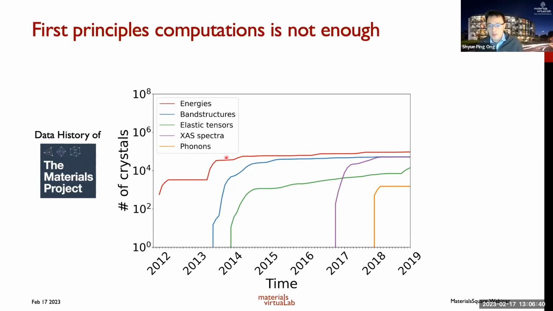What you will notice immediately is that the number of materials in the Materials Project database has kind of stagnated, right? Over the past few years, we have stopped at that 100,000 structures or so. We have not significantly increased it, unlike the early years where we had orders of magnitude increase in the number of materials. And this is quite limiting in terms of materials design.